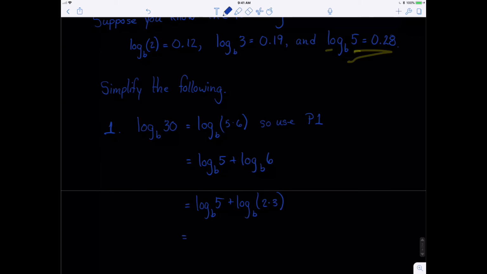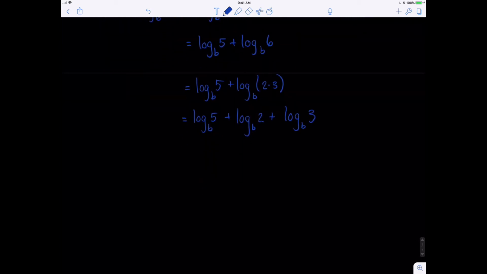We can just use property 1 again, and this becomes log base b of 5 plus log base b of 2 plus log base b of 3.